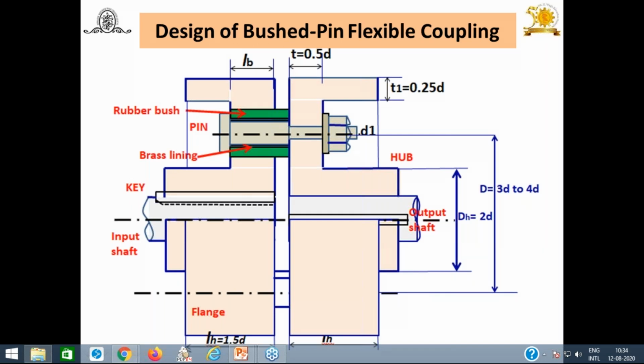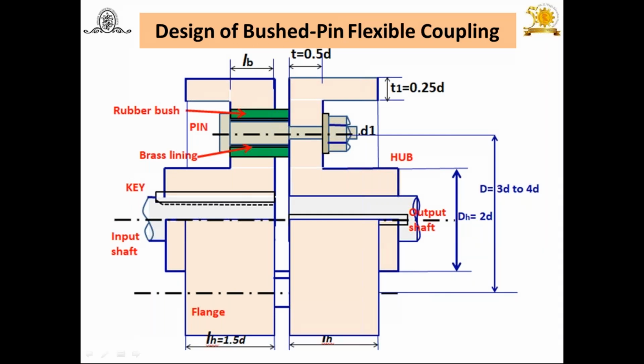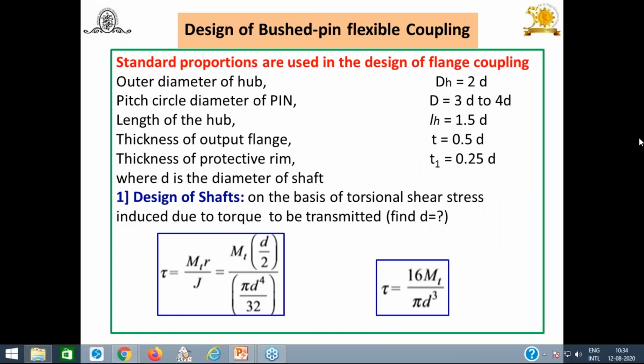Now let us move to the design of the coupling. Again here we are going to use some empirical relations. I have already told you, but you can write down these empirical relations: the outer diameter of the hub, DH, is equal to 2D. Then the pitch circle diameter of the pin, capital D, is equal to 3 to 4 times the diameter of the shaft. Then the length of the hub, LH, is equal to 1.5 times the diameter.